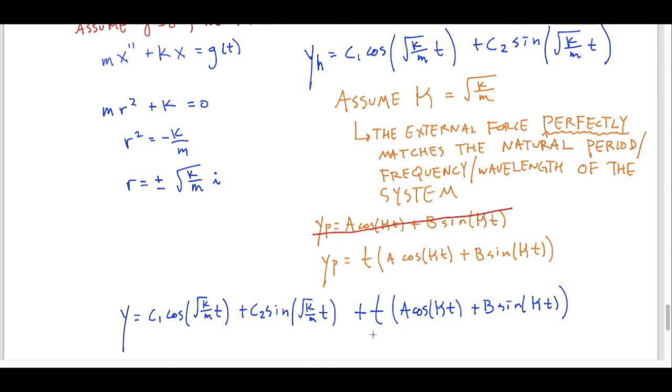And so as time increases, whereas the natural behavior of the system demonstrates steady oscillation with no increase or decrease in the amplitude, these new terms out here on the end, introduced due to the forcing function, will have an increasing amplitude. Specifically, as time increases, the amplitude will increase linearly with time.